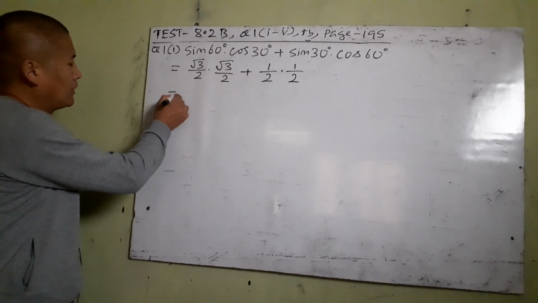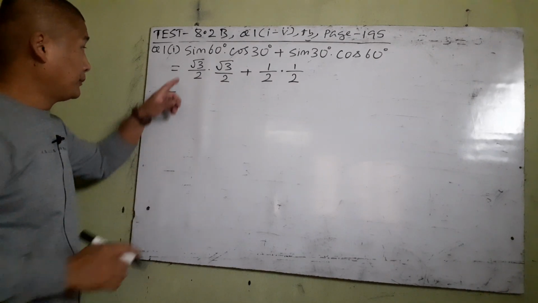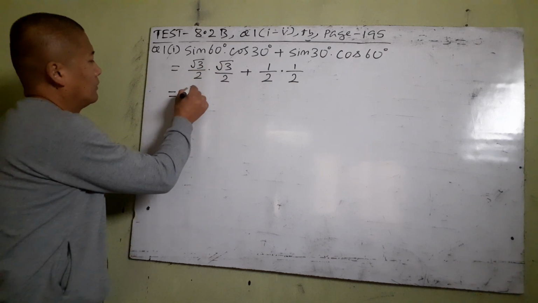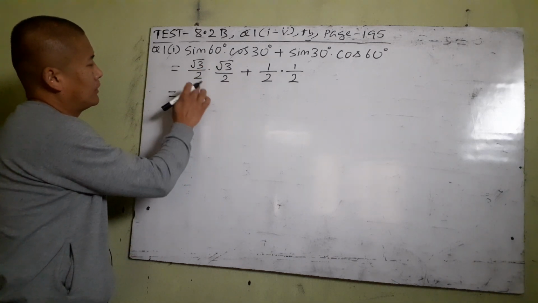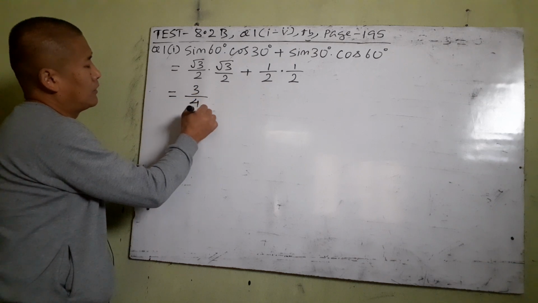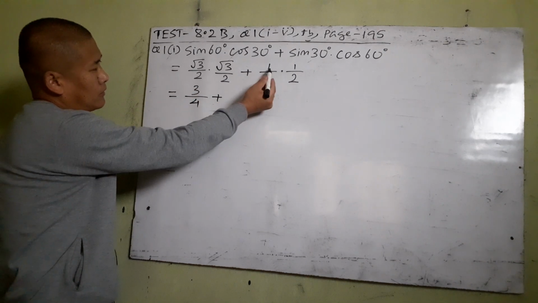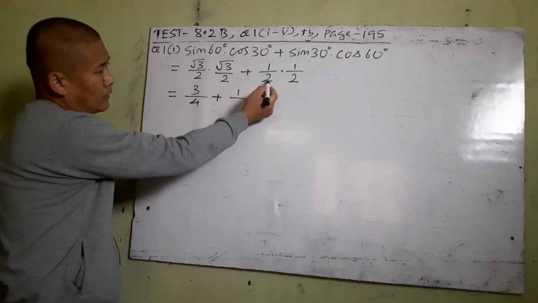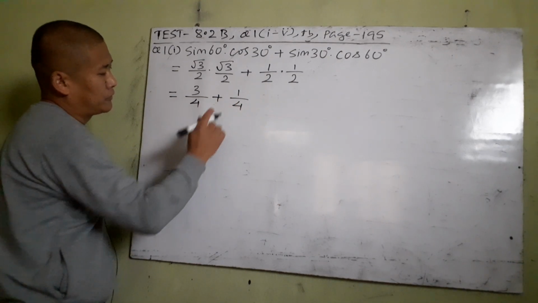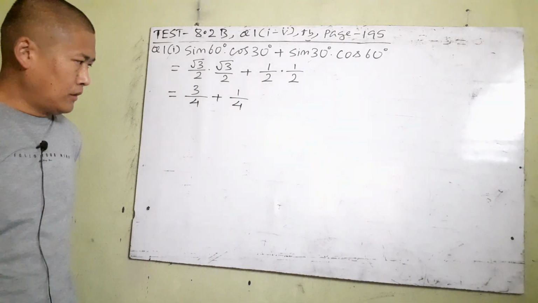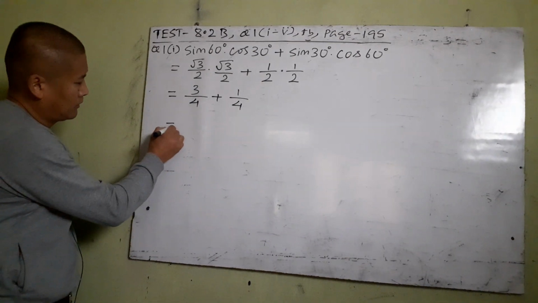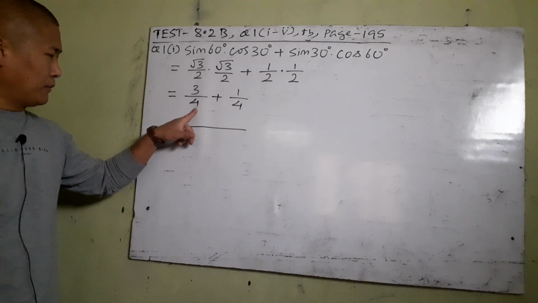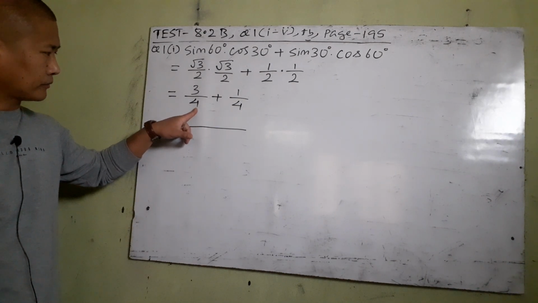So let us go to the next step here. Numerator multiply by numerator, root 3 into root 3 is 3, and here 2 2s are 4, plus here 1 1s are 1, divided by 2 2s are 4. So let's write that one down. Now, having done that, we draw a longer line and find out the LCM of the two denominators here.